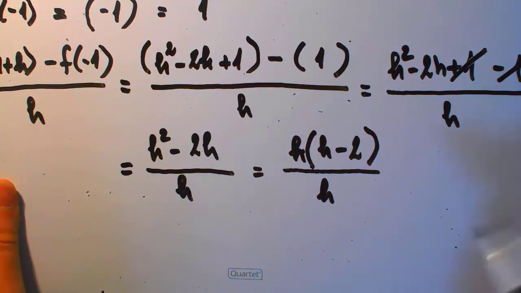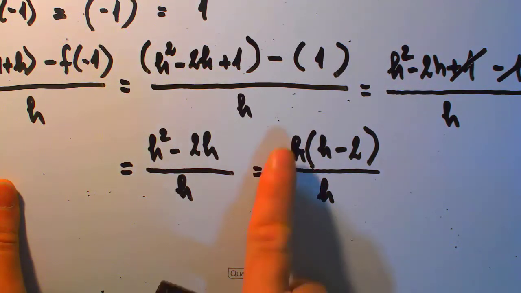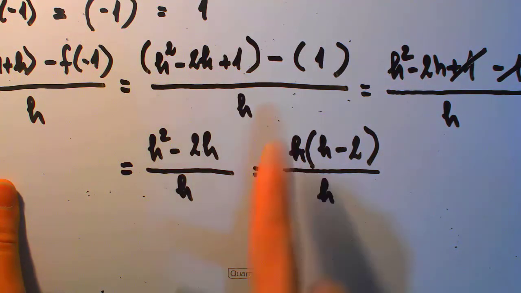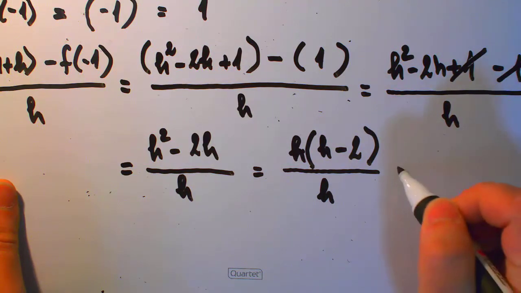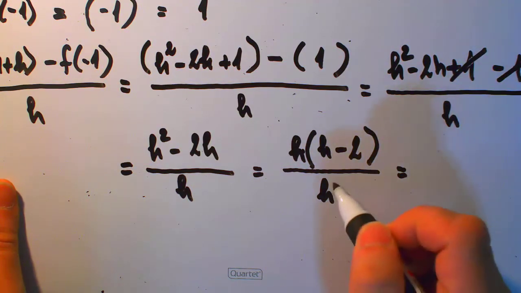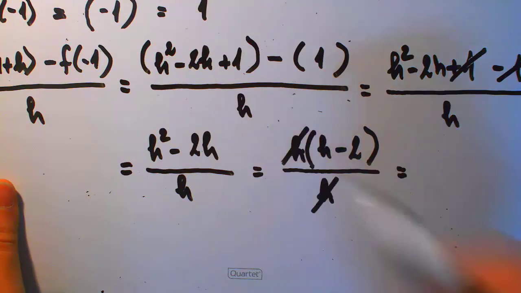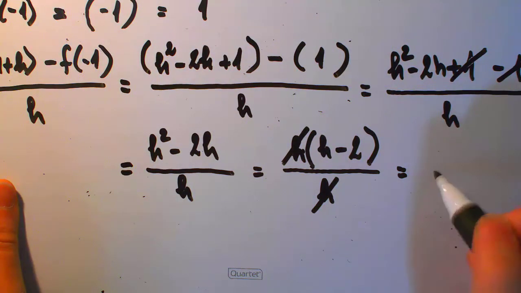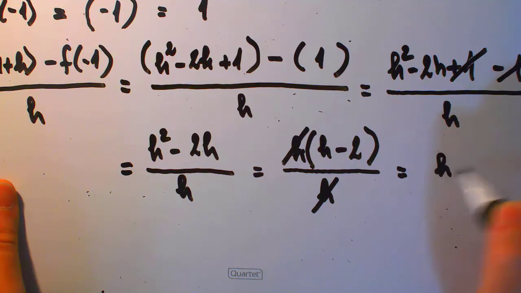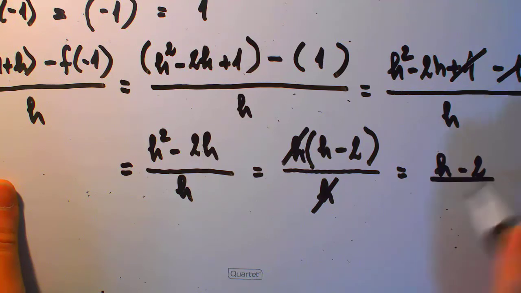And so at this point, once again we recognize that we have two common factors h here. So algebra says you can cancel the two common factors, and that gives me a left-behind expression here being h minus 2 over 1.